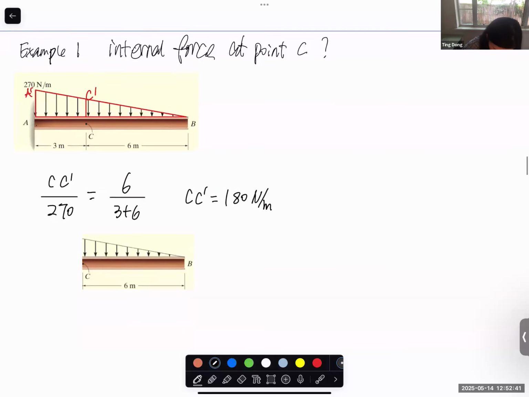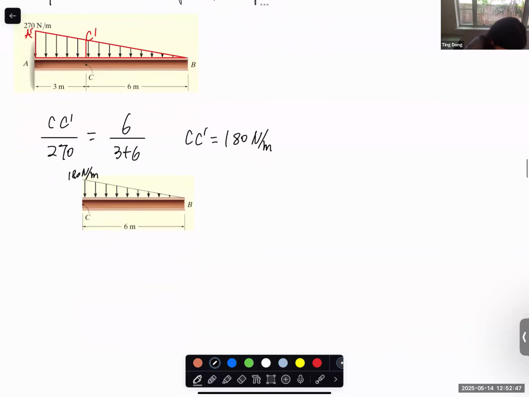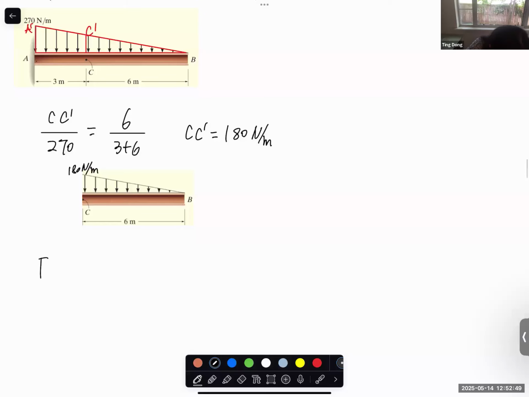Now we calculate here is 180 Newton per meter. So the force is the area of this triangle. It's BCC prime. It's not the AA prime because we only consider the CB section. Let's put C prime here.